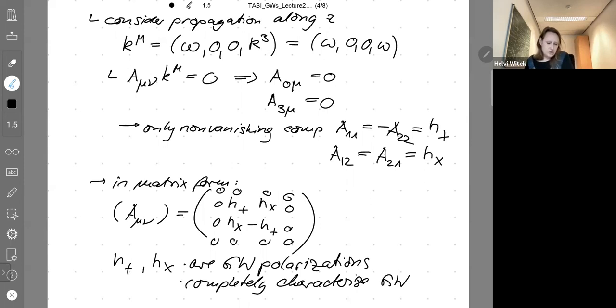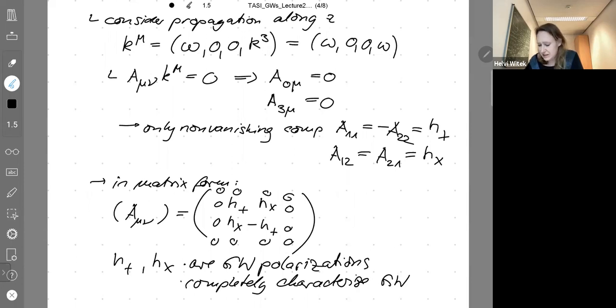Okay. Having said all of that, let's digest that a little bit and think about how these wave solutions that we have now constructed might impact matter far away.